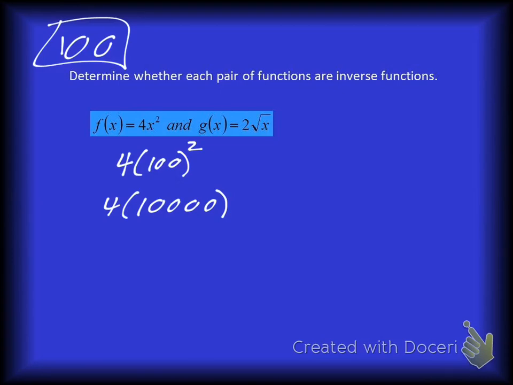See, Mr. LaFleur, look what you're doing to us. 4 times 10,000 is 40,000. So now, got to take that up here. So 2 square root of 40,000. Someone with the calculator, what's the square root of 40,000?